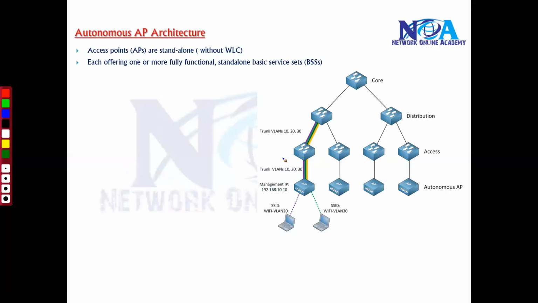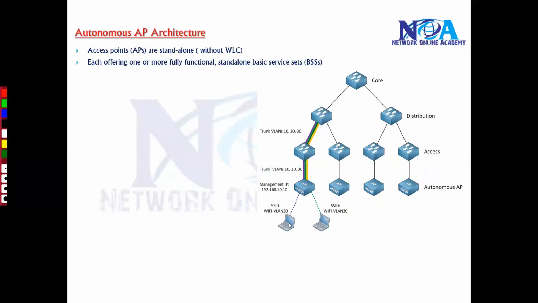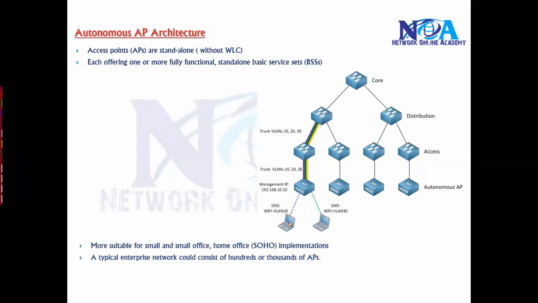With the help of an access point, you can create one basic service set. Of course, you can create multiple basic service sets, which form an extended service set when we are using multiple access points. Now, this is more suitable for small office, home office implementations, where you have one or two access points, or maybe a few more, covering a small area.